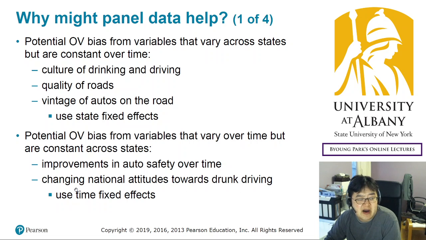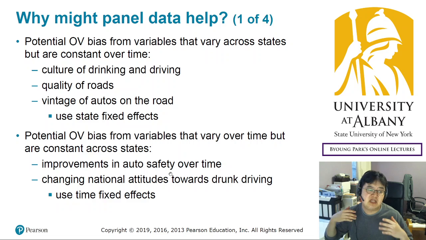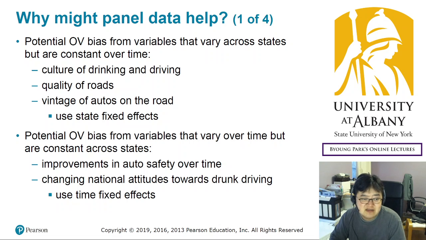If there was any national campaign or nationally known accidents or movies and shows related to drunk driving, there may be some effect nationally at the same time across all the states. These time-specific characteristics are handled by the time fixed effects.